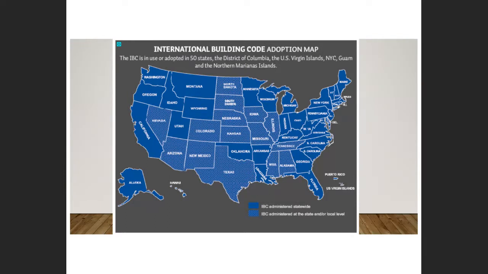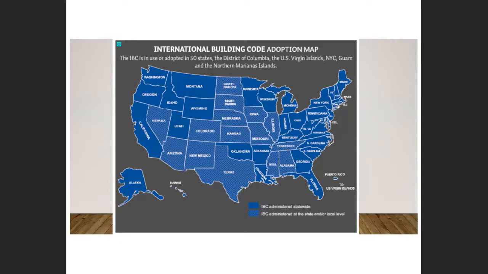So you're in all likelihood going to have the International Building Code in almost every town or city or village in Illinois, but they might be adopting different versions of it. Again, remember that the I codes are updated on 3-year cycles.